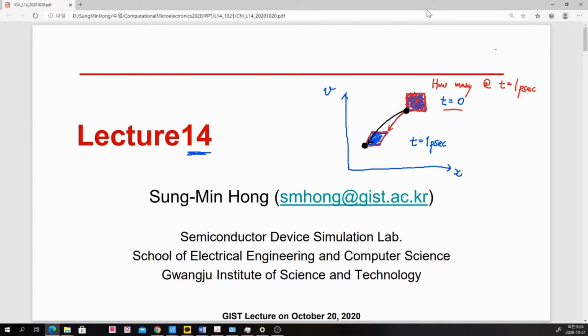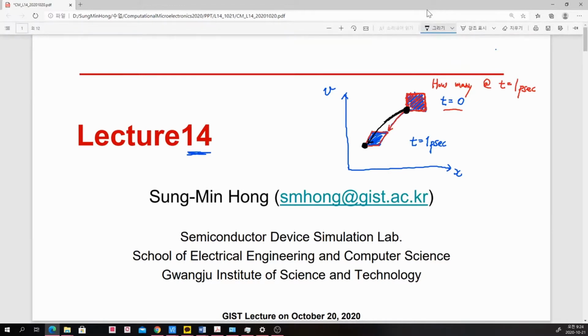This is the predicted behavior of our electron originally located at this position. Here position means real space position and velocity. However, during its journey, let's say that at a certain time instance, for example 0.3 picosecond, something happens.